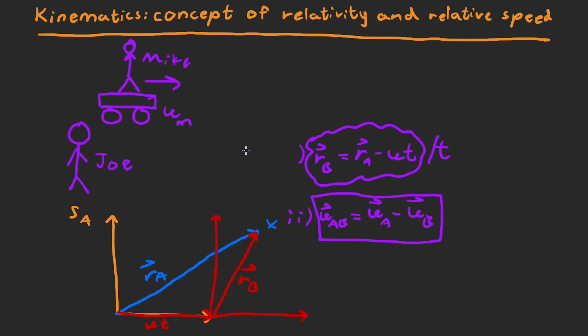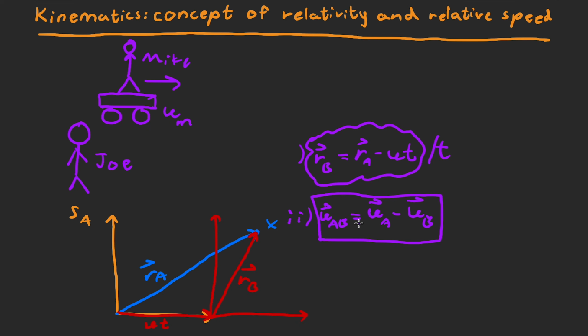Now, in the perspective of Joe, Mike is moving to the right with a velocity of Vm. But in the perspective of Mike, Joe is moving to the left with the same speed of Vm.